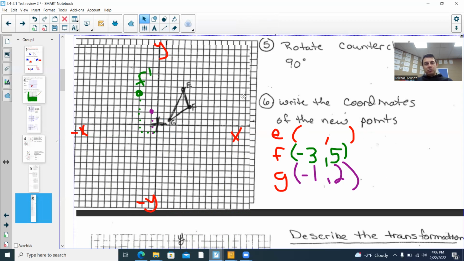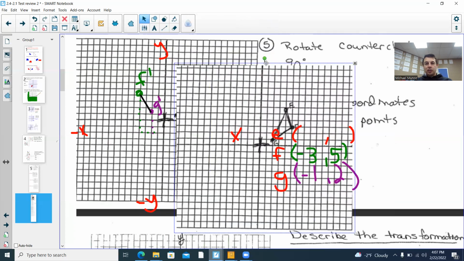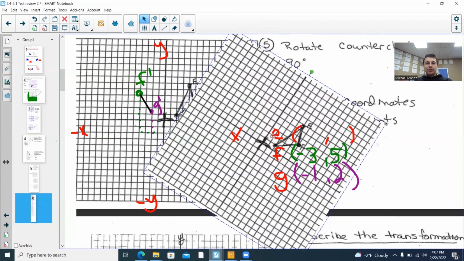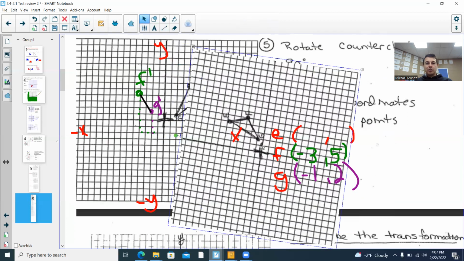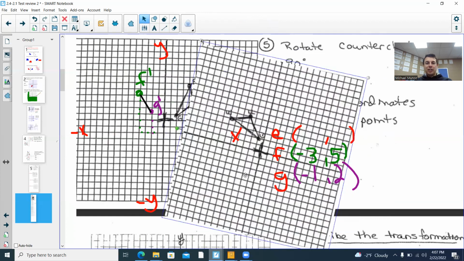And then you would plot the other one, then connect your dots. Make sure that you label all these so you don't get confused on which dot is which. So this one is a G apostrophe. And then you would put the third one on there. But remember, it should look like this when you're done, in the top left corner.